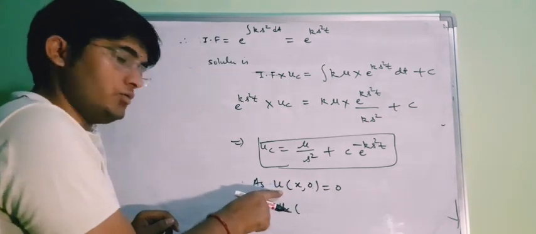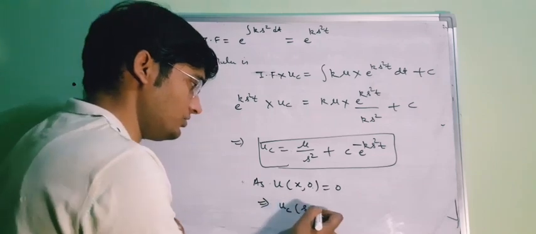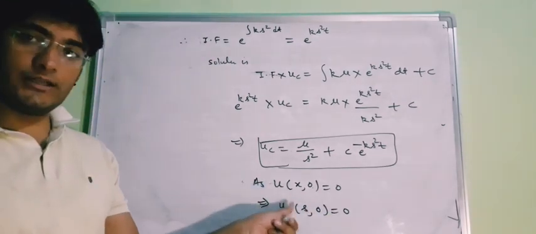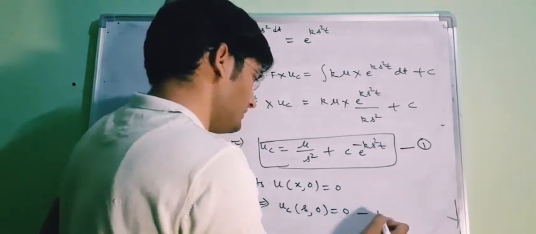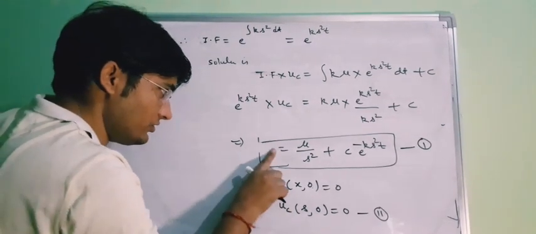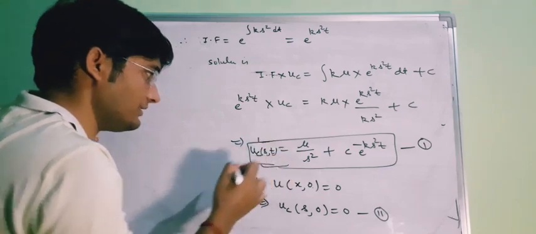The value of u is given 0 when t is 0, so this will be u as 0 equal to 0 on applying the Fourier cosine transformation. Say, this equation is equation number 1 and this is 2. Now, this is uc and this will be a function of s and t.